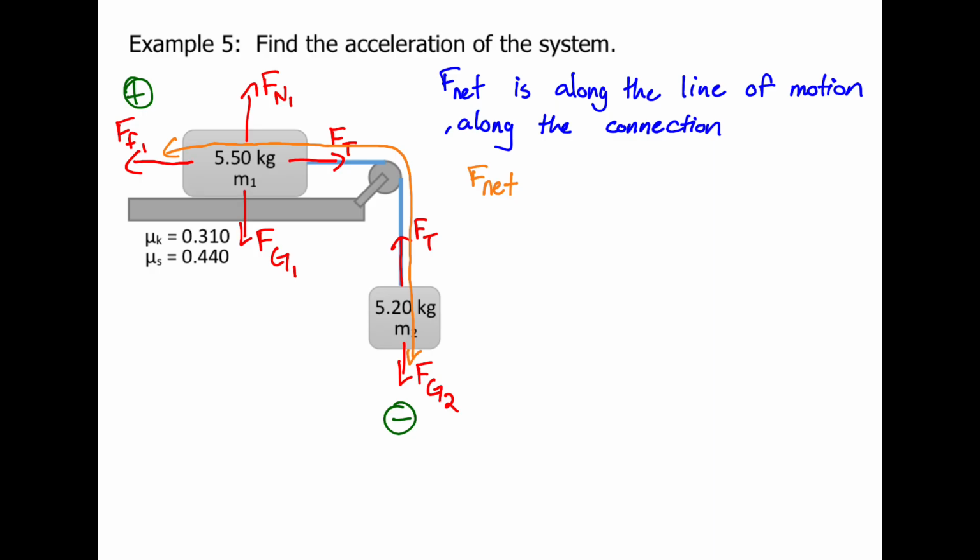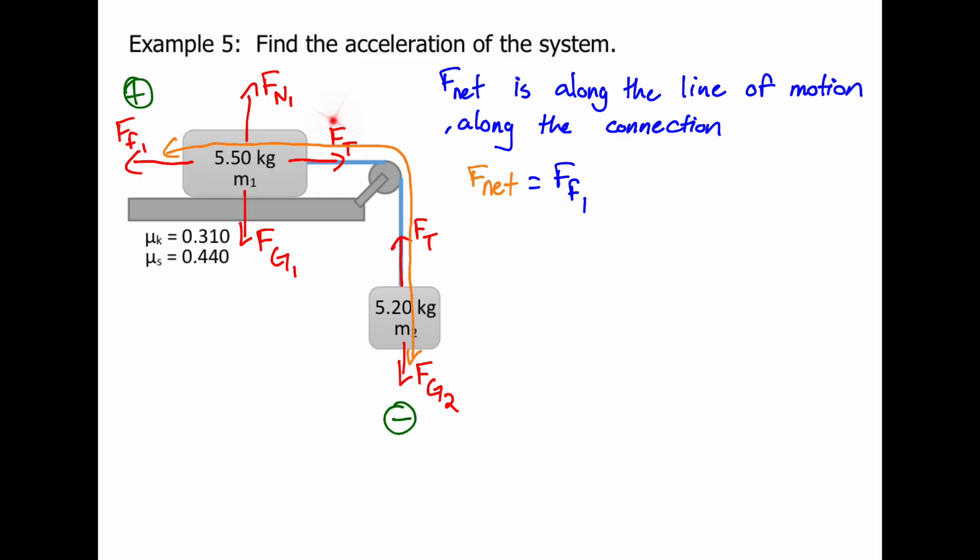So let us just go from left to right and list all the forces and what direction they have. According to the diagram, this force of friction, is it positive or is it negative? It's positive in this case, so it's pointing towards the positive direction. So we're going to put in force of friction 1 as a positive force. Moving along the line of movement, the next one is this force of tension.